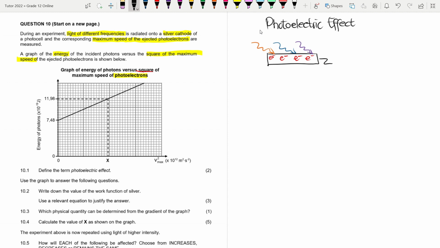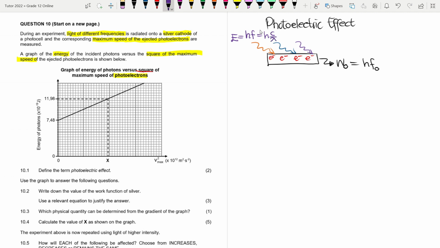Okay, so what we know is that the metal is going to have a work function, which is given by Planck's constant times the threshold frequency. And for the light, the photon is going to have energy, given by h multiplied by the frequency of the light, which can also be expanded to h multiplied by c over lambda.